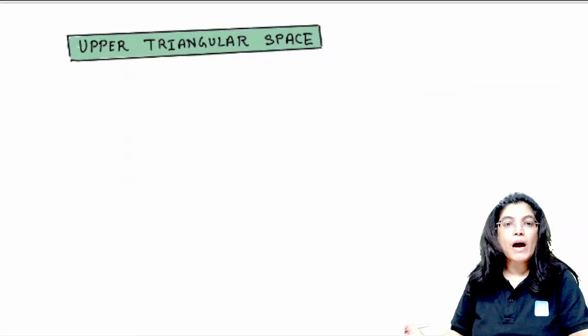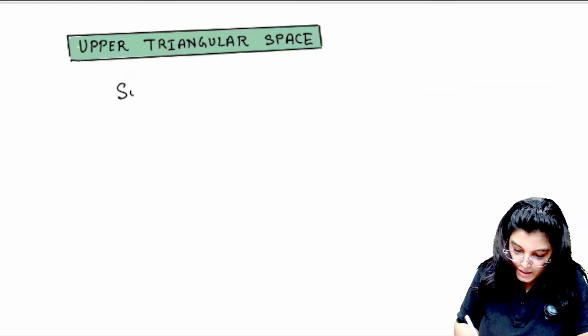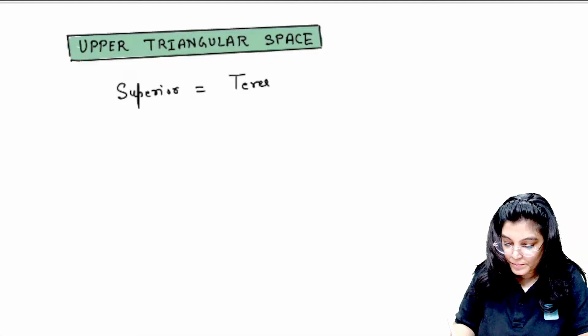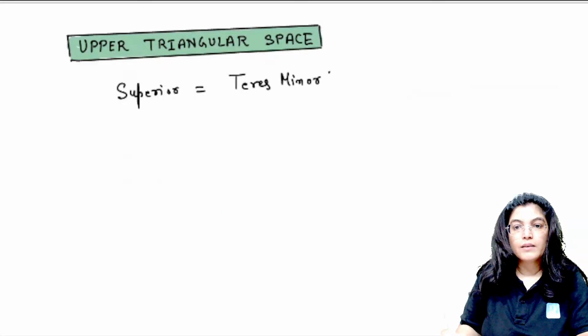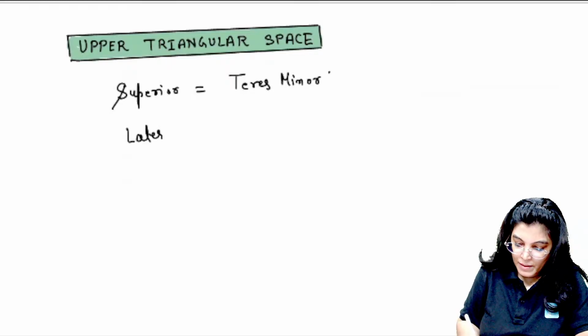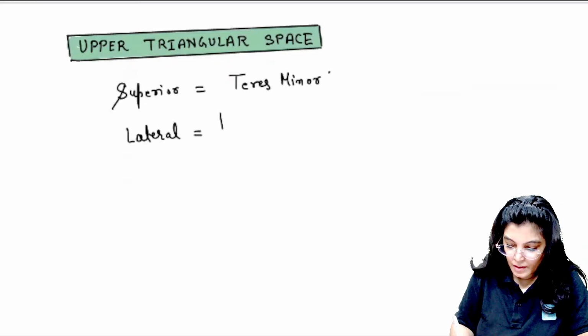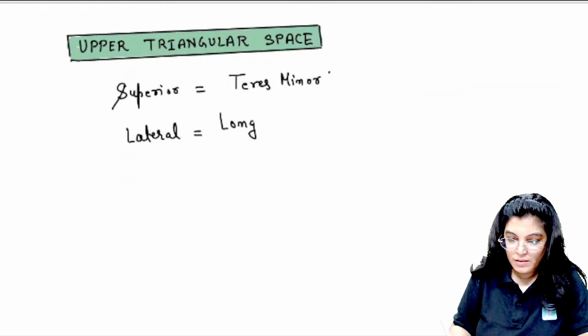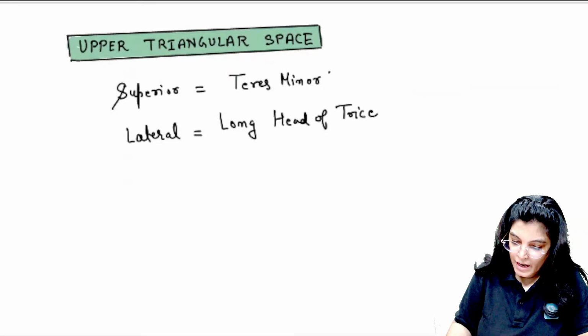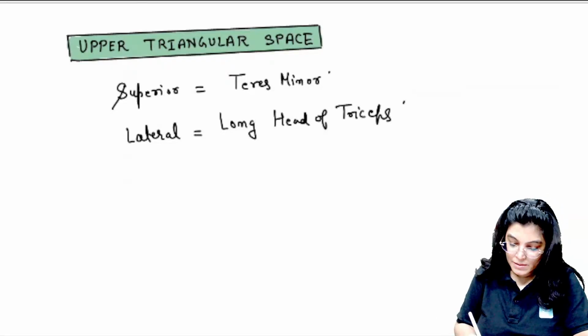If I talk about the upper triangular space, its boundaries are: superiorly, it is bounded by the teres minor muscle; laterally, it is bounded by the long head of triceps; and inferiorly, it is bounded by the teres major muscle.